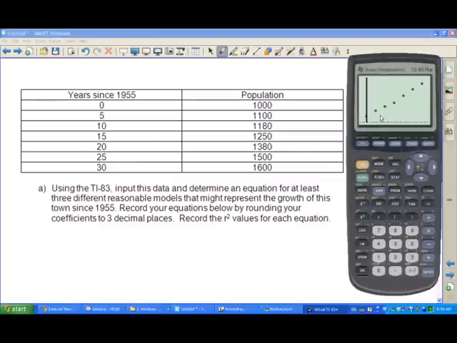It creates a window setting that zooms in nicely around my sets of data. And you could do the same thing if you were just playing around with your window settings. But you can see on the window settings that I have here, I don't think I'd ever guess those as an appropriate window to zoom in on my statistics, which is why pressing zoom and number 9 is a nice way to get a good view of all your data points.